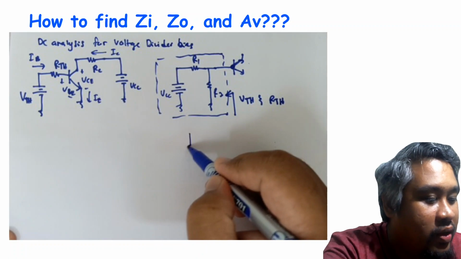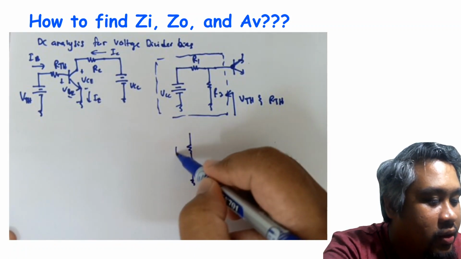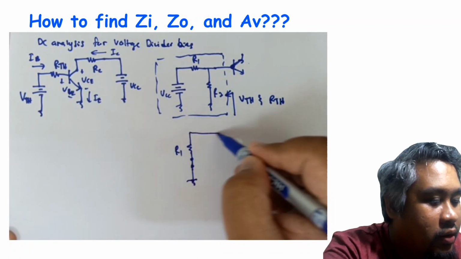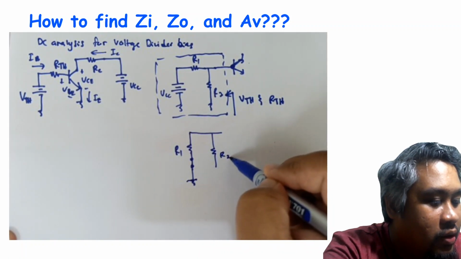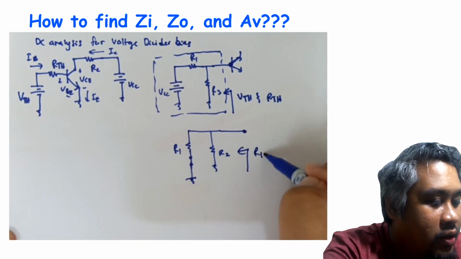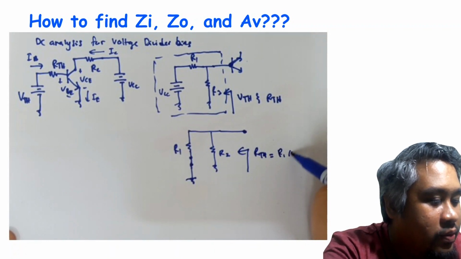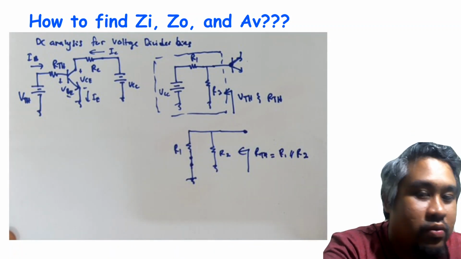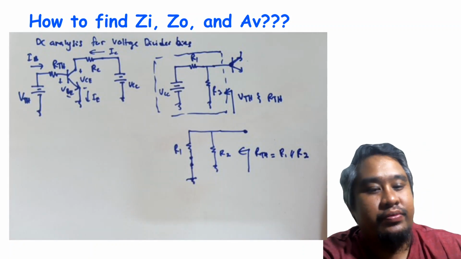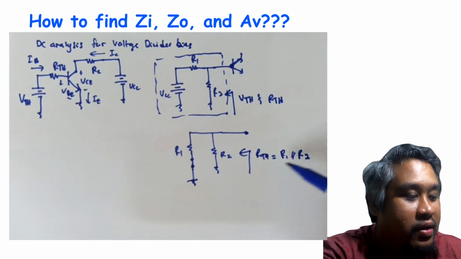So we have our VCC, R1, and then R2, and then we have to find RTH. So RTH equals R1 parallel R2. Okay, so we settle here VTH and RTH.